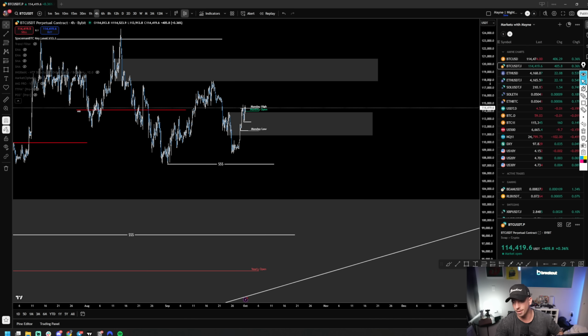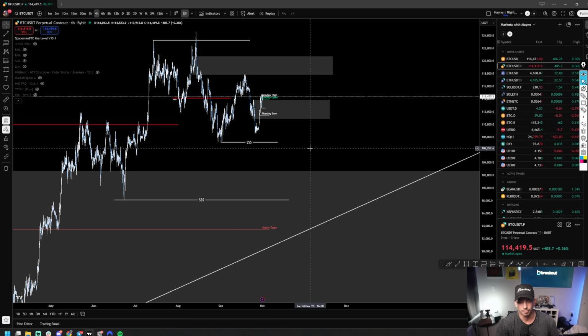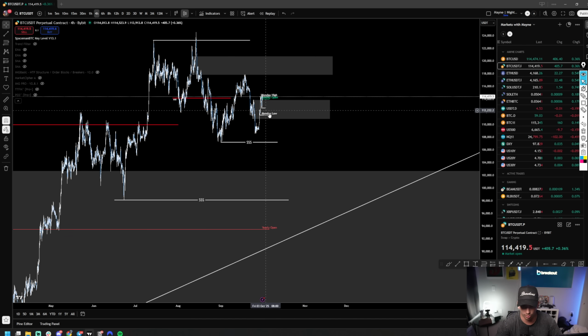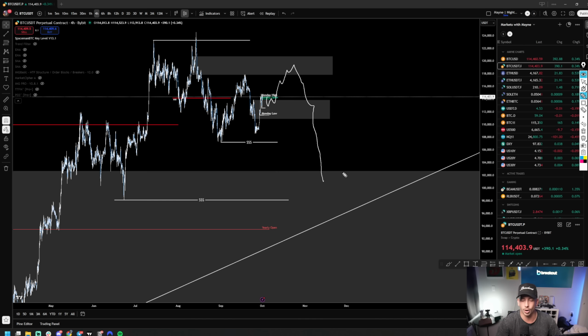Ultimately, I'm of the mindset that this dip that may come, whether it's from right here or after a push higher, is a dip we want to buy, because we're in the end game here, right?